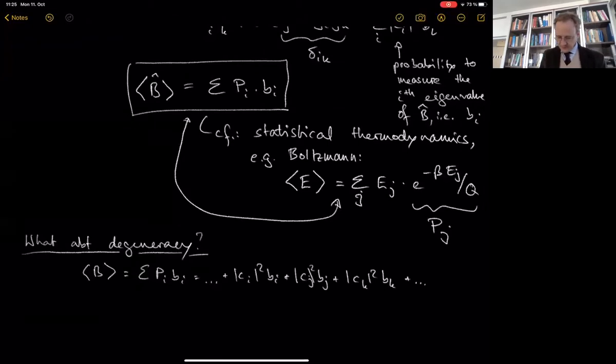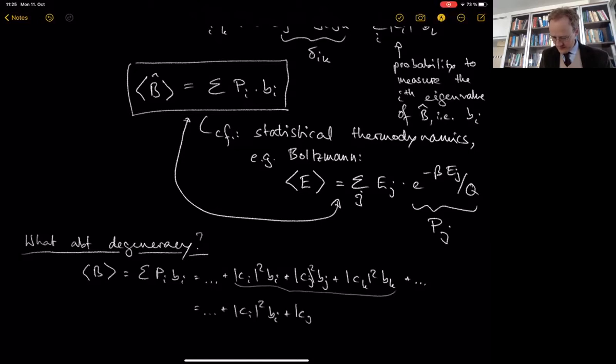Now, if you had a threefold degeneracy, it would mean the eigenvalues are the same. So your coefficients are not the same, but the eigenvalue happens to be the same, right?